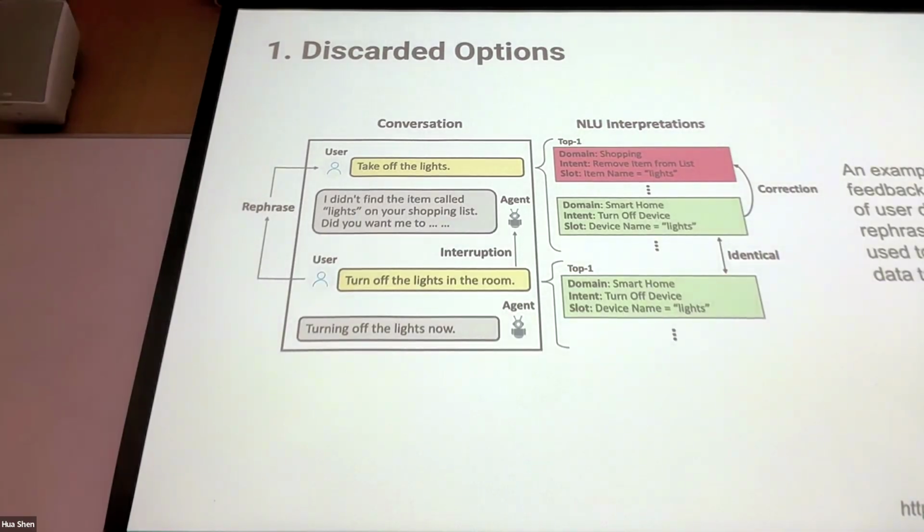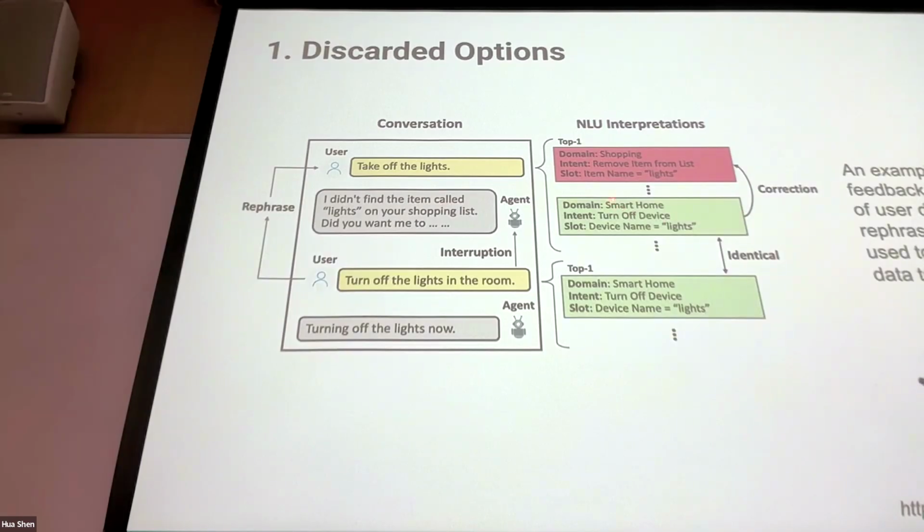So that's why they have an NLU interpretation, basically a third-party model interpreting what is happening during this conversation. The NLU interpretation, which is natural language understanding interpretation, shows that the domain is shopping, remove item from list.